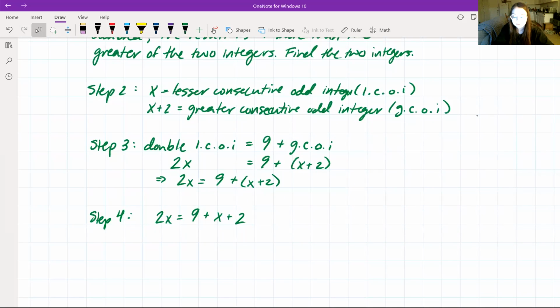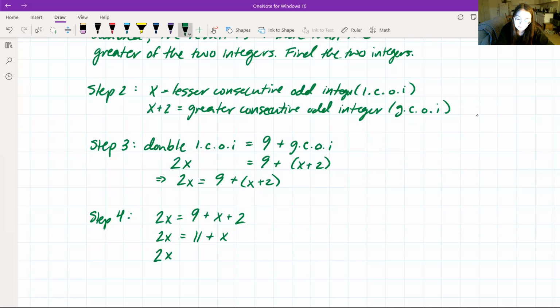And we want to combine like terms. This will give us 2x is equal to 11 plus x. And we want to isolate x to one side. And we see that our 1x is less than 2x, so we're going to subtract 1x from each side.